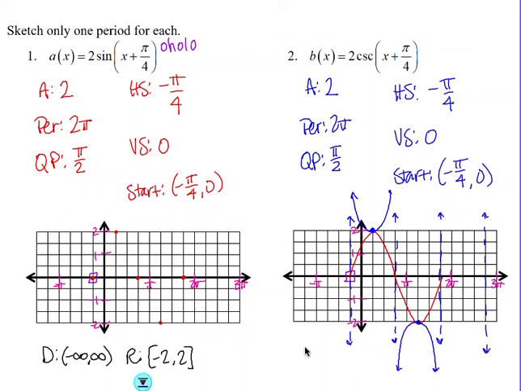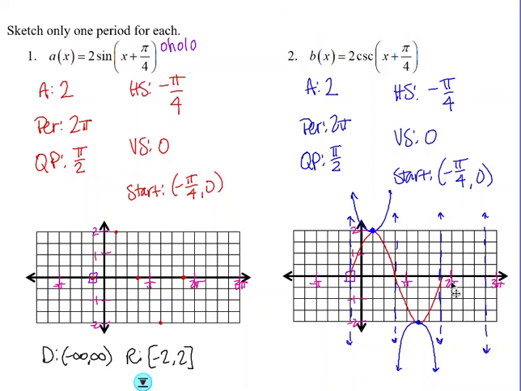I do the points for that graph. Any place that the sine function is 0, I'm going to have a vertical asymptote in the cosecant function. And then the U parts of the secant and cosecant graph are going to sit on top of the sine or cosine curve, depending on which function it is.